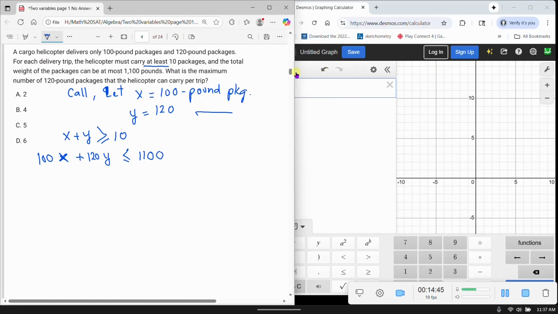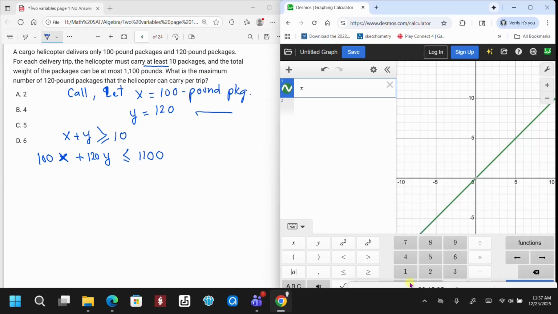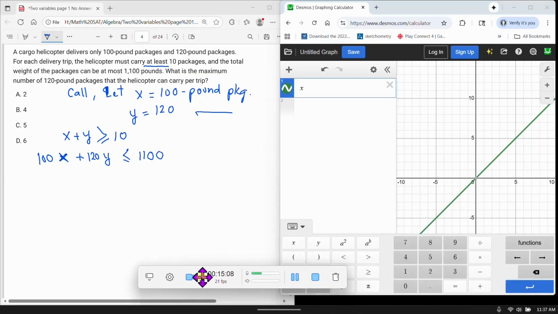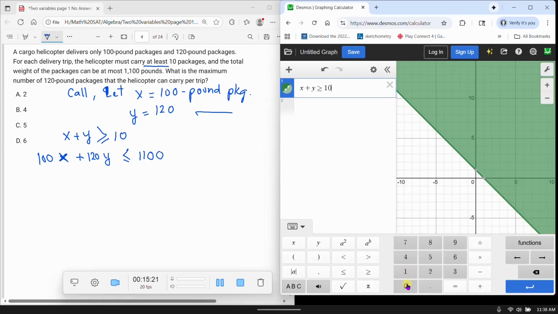So now we're going to use decimals, because solving this system of equations by hand would be a problem. But we can use decimals. Let's see what we got. So we put x plus y.